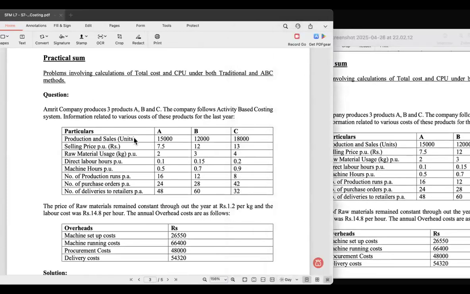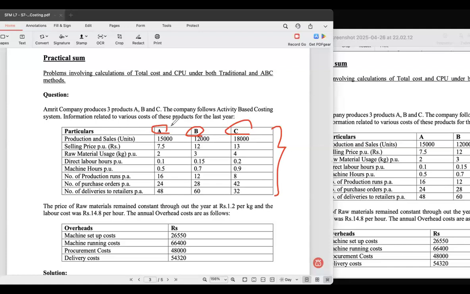Let's look into the question. Amrit Company produces 3 products, A, B, and C. What are the 3 products? A, B, and C. And as you can see, you have 4 columns, and these are the names of the product, and the information related to the product is listed below. The company follows the activity-based costing system.